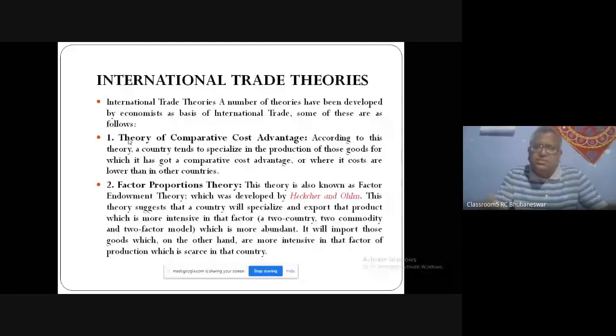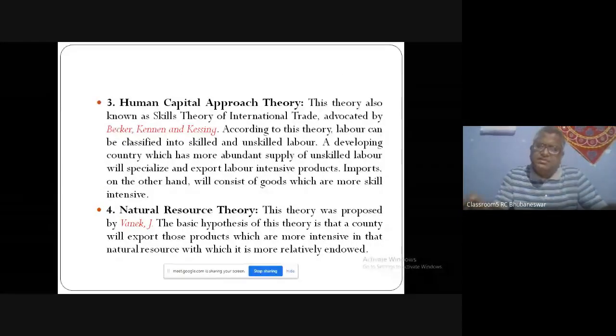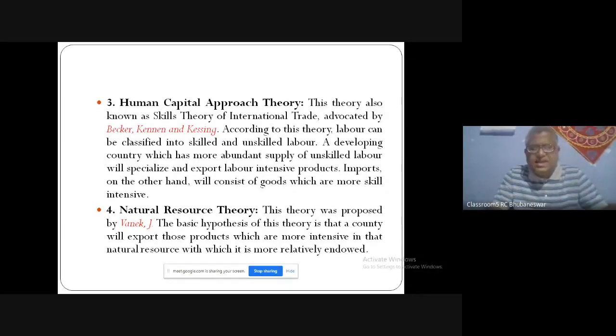Another one is the human capital approach theory, where the human resource matters, like in India, where skilled manpower is there, and it was developed by Becker, Keesing, and Kenen. He said labor can be classified into skilled and unskilled, and the supply of skilled and unskilled manpower, labor-intensive product imports, is the basis of the particular theory.